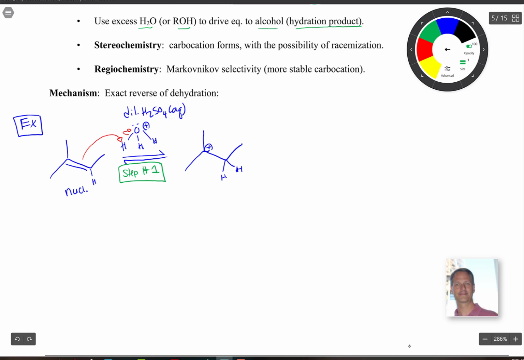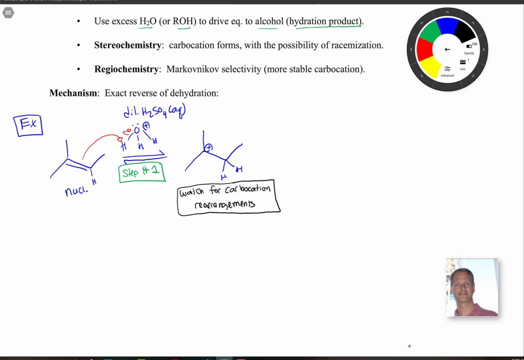So I will mention something here, is that we have a carbocation, so you need to watch for potential carbocation rearrangements. So that's similar to stuff that we saw with SN1, right?